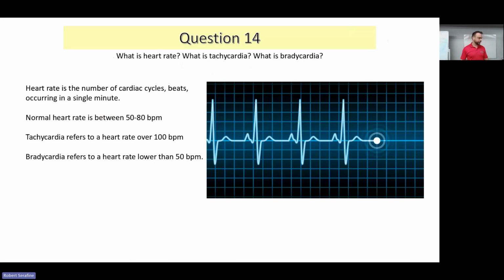And how I usually like to make people remember bradycardia, and this example gets dated more and more the farther out we go in history, is that typically professional athletes will have, because their heart is well conditioned, a lower resting heart rate because the heart is more adequately trained to pump blood. That professional athletes have lower resting heart rates.